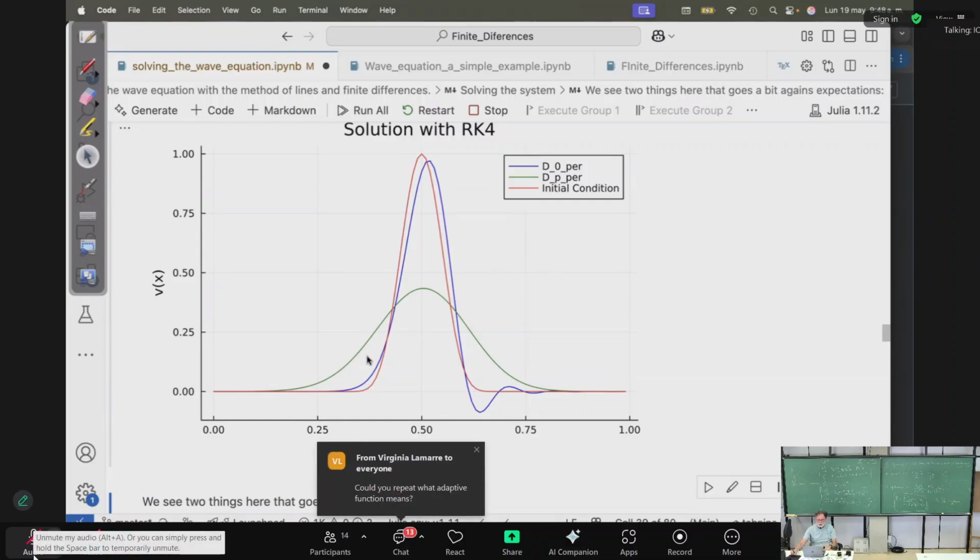And you see now Runge-Kutta is not Euler, so we won't be solving exactly the equation, and we see that there is a lot of dissipation with this method.